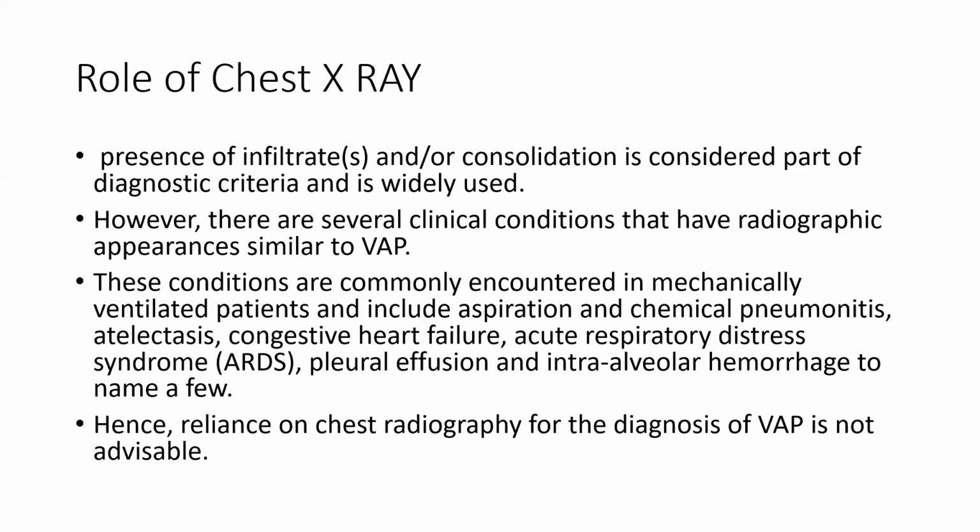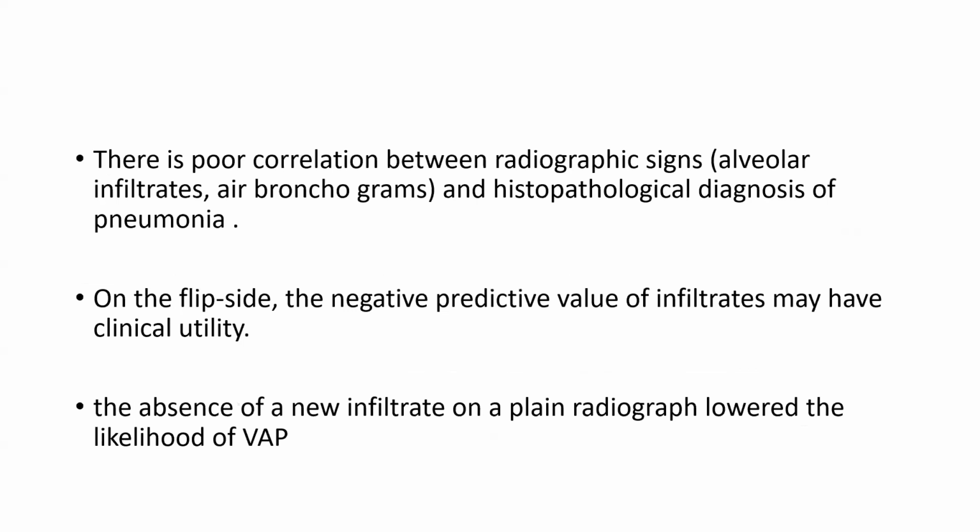If the patient has heart failure, then the chest X-ray will show bilateral infiltration. If the patient is in ARDS or has pleural effusion, intraalveolar hemorrhage, these conditions will often present with bilateral infiltration.